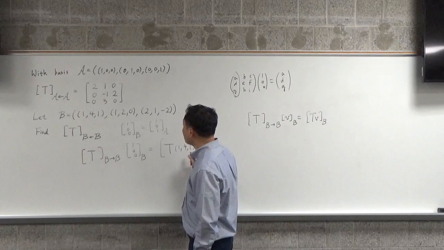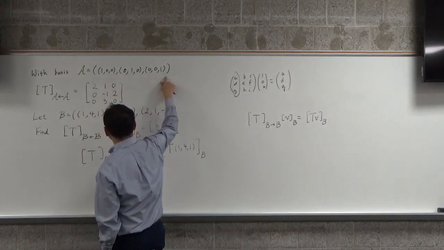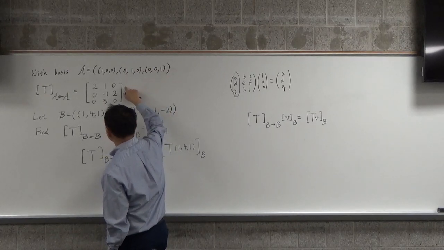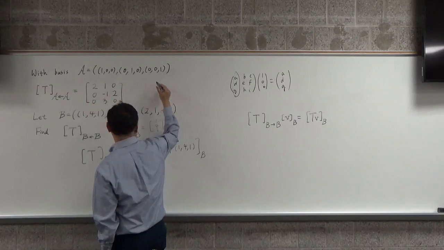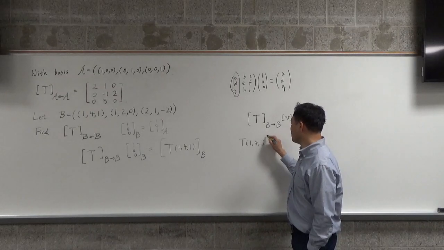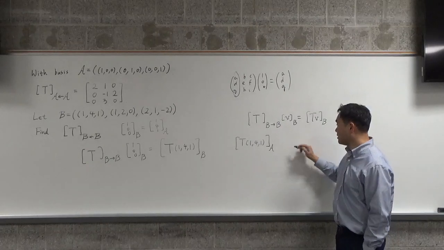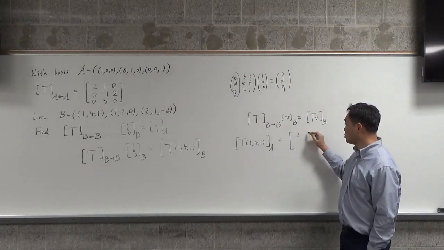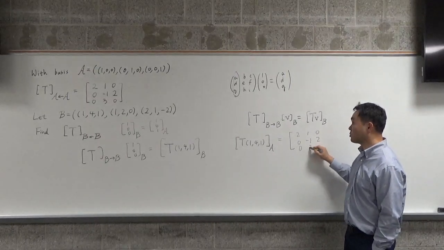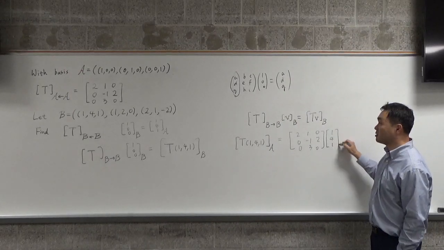But what does 1, 4, 1 do? Well, since A is the standard basis, 1, 4, 1 is really easy to write in here, right? So I can see that T applied to 1, 4, 1, if you work on basis A, will be like 2, 1, 0, 0, negative 1, 2, 0, 3, 0, multiplied to 1, 4, 1.